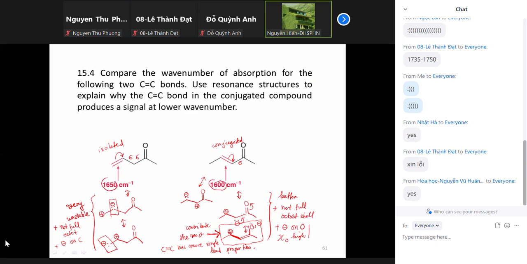And this has higher double bond properties.